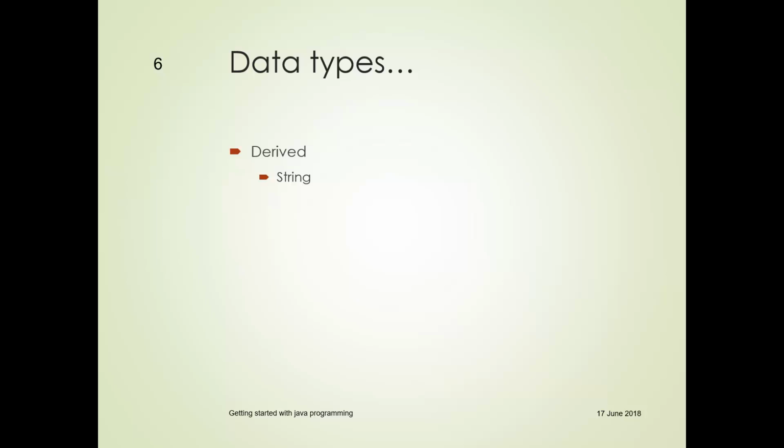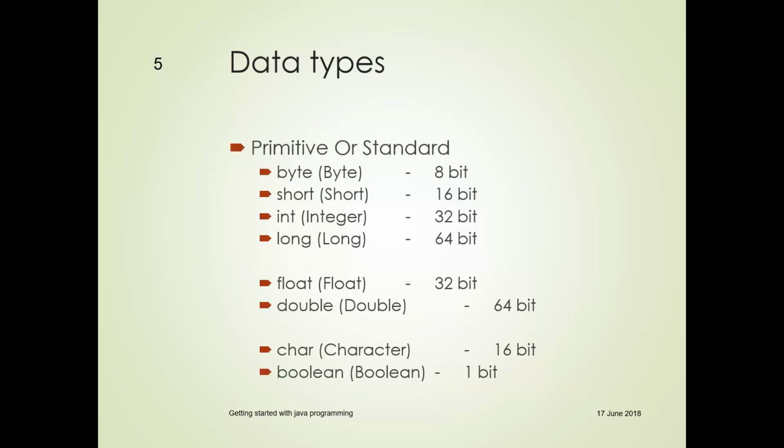It's a pre-built, pre-available class in the JDK, which allows you to store a series of characters. Okay, we'll come later to understand how string is used. So these are the data types. If you know them, then you can write many Java programs which require memory access, data storage and all. So you should understand these data types. Okay, fine.